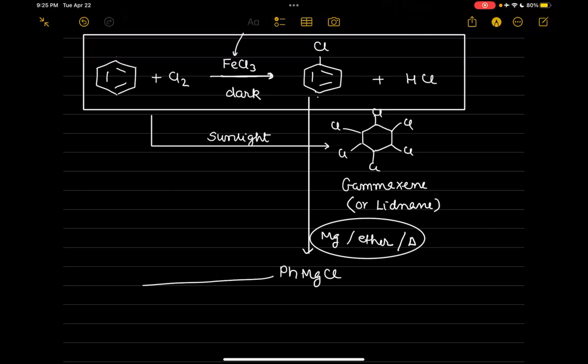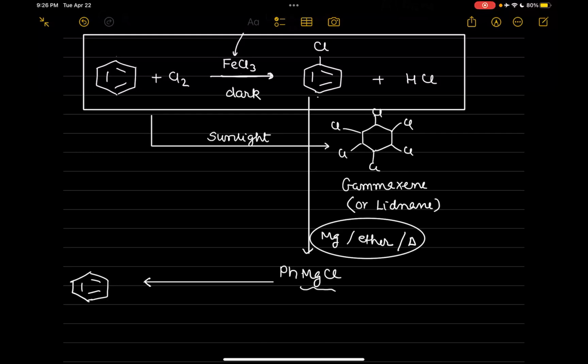Now, what do I need to do in order to get the benzene again? How can I get my benzene back? Is there any way to remove this MgCl and put H? Tell me quickly. Yes, all three of you.